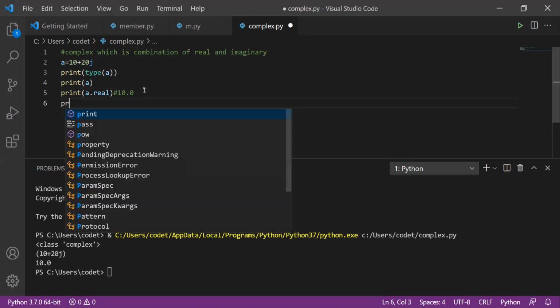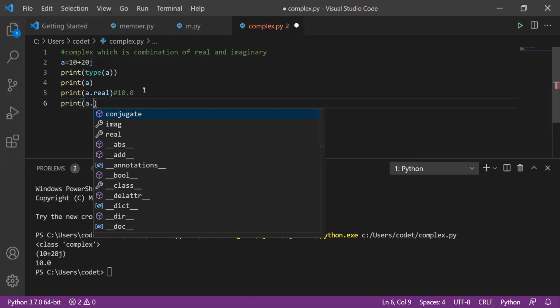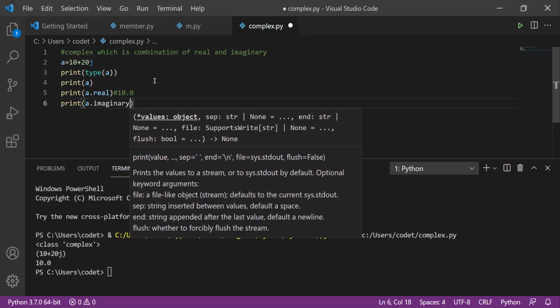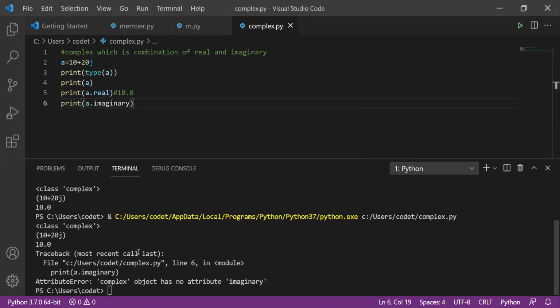Now if you write print of a dot imaginary, for complex you have to write imaginary. What do we get? The answer is the imaginary part only. For integers we write int, and the short form of this is imag.